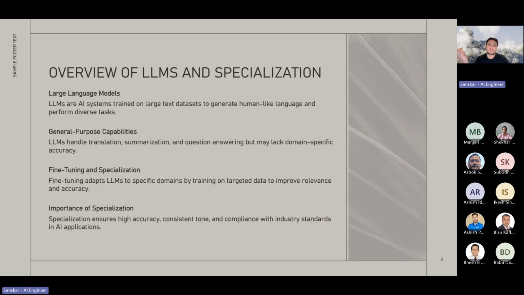So there are AI models that exist in hospitals that are trained to be HIPAA compliant, that are trained to identify certain diseases, given some kind of preset conditions. So specialization becomes really important, right? And this is exactly what fine tuning does. Okay. Does anyone have any questions so far?